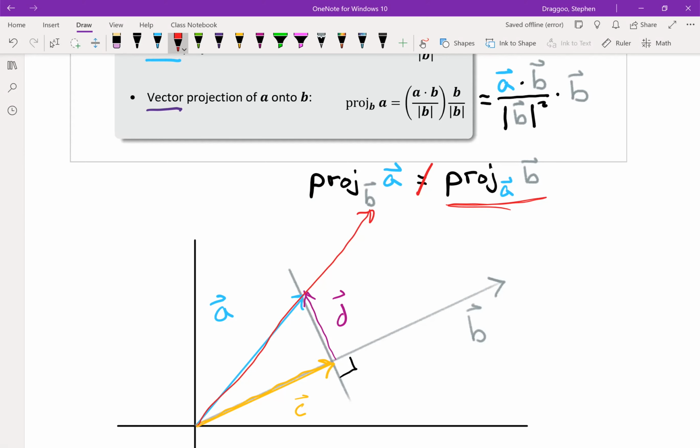They're not even in the same direction, much less do they have the same magnitude. So the projections are not reversible to get the same result. We can take either projection, they just won't give us the same thing.